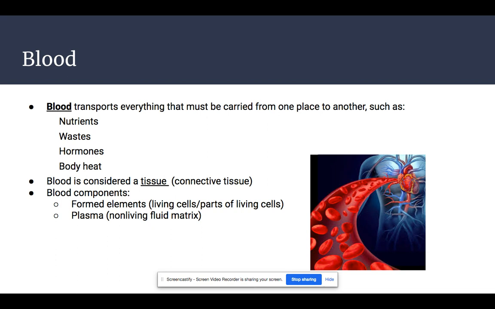There are the formed elements, and those formed elements are living cells or parts of living cells. And then there's the plasma. You guys have probably heard about plasma before, like you can donate your plasma. That's going to be the non-living fluid part of the blood. So again, we're going to look at the formed elements today as well as the plasma.